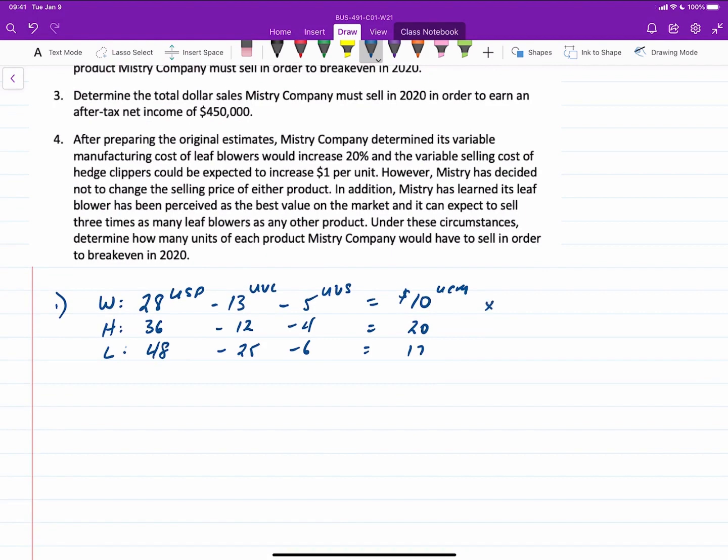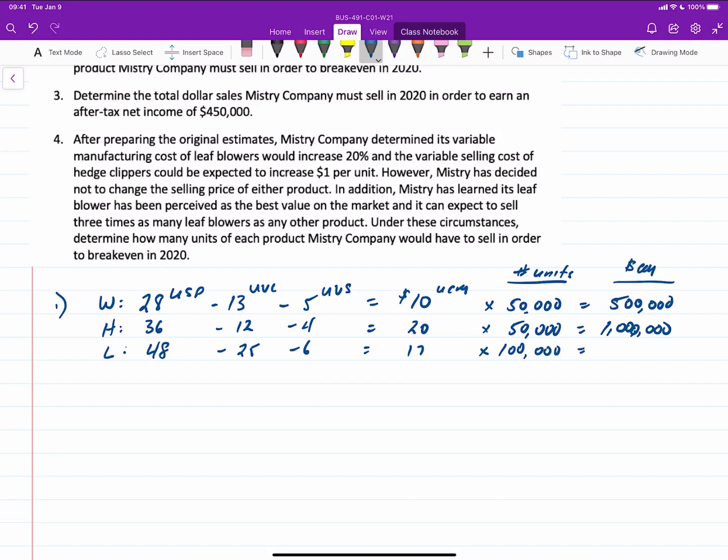And then if we multiply those each by their expected volumes, so 50,000 times the number of units will give us $500,000 in contribution margin. So this is going to be dollar contribution margin in total. We would take the hedge clippers and multiply by 50,000 units. That's also going to give us this time $1 million. And then if we take the leaf blowers at a volume of 100,000 at a contribution margin of 17, that's $1,700,000.